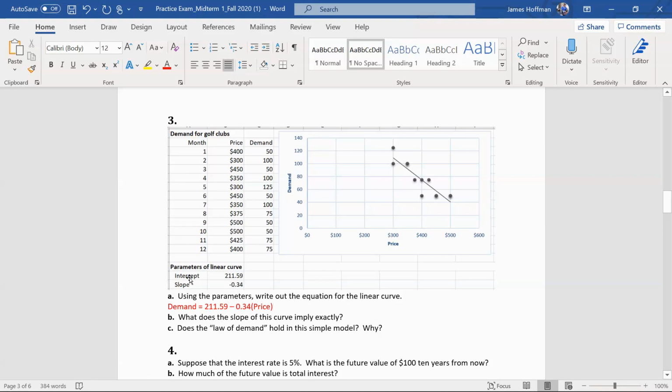So all you have to do is define the linear equation based on these parameters. Demand equals 211.59 minus 0.34 times price. That defines this line, which is exactly the best linear fit of the effect of price on demand.